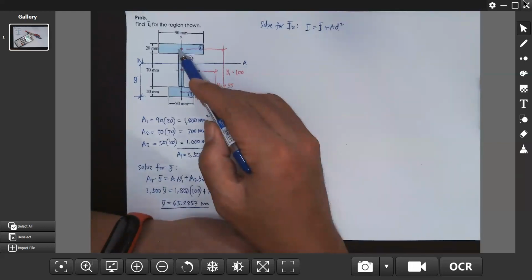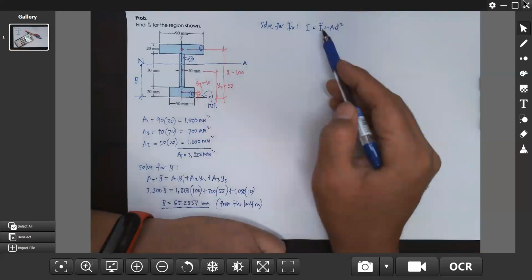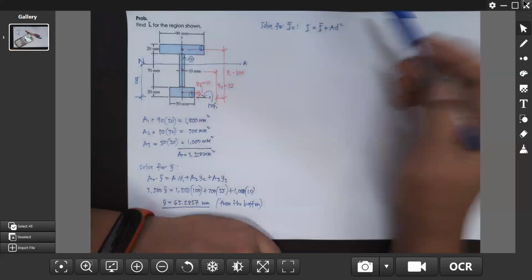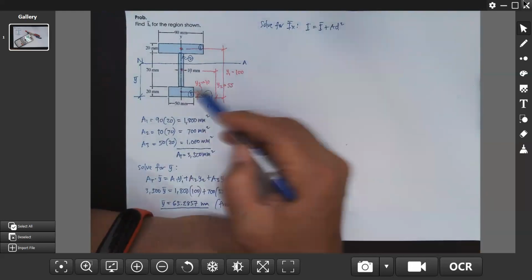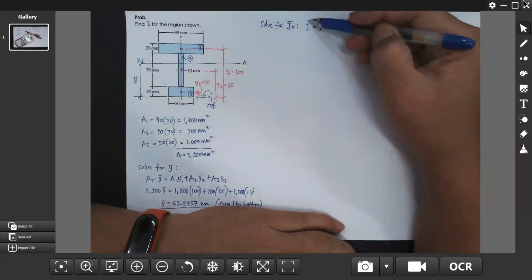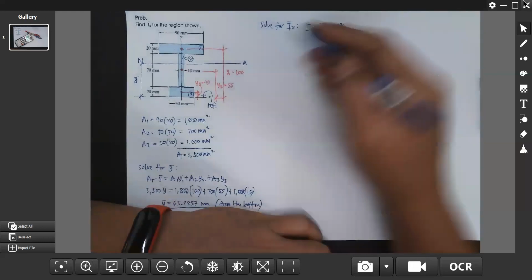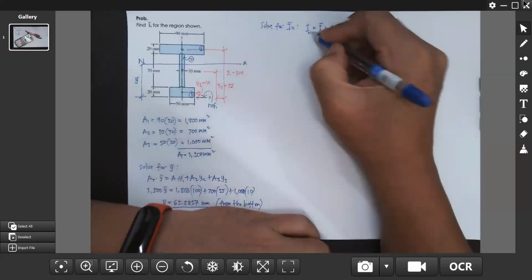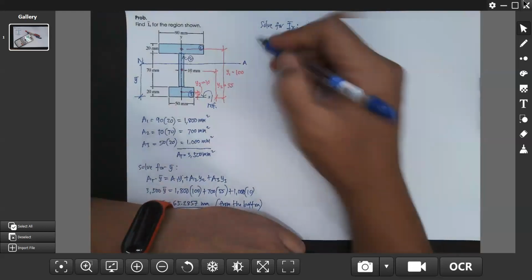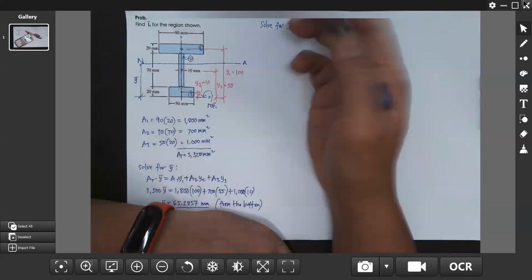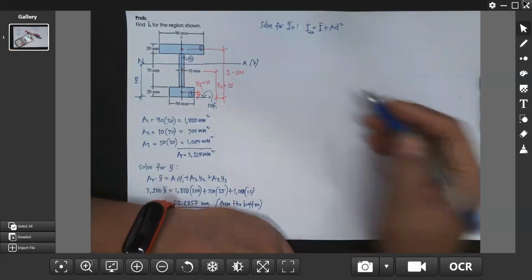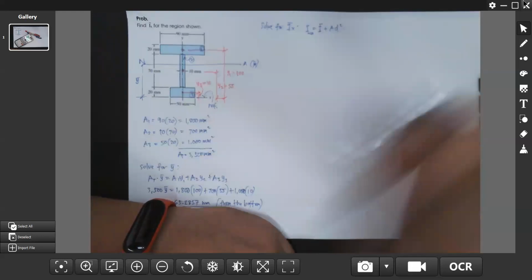For element 1, there is its own centroid, so what's the moment of inertia of this element with respect to its centroid? For element 2, here. Element 3, here. And this I is with respect to the neutral axis, our new axis. So INA or Ix bar, same thing, or simply the x bar axis. Same thing. Okay.